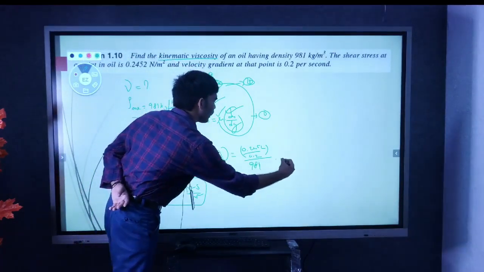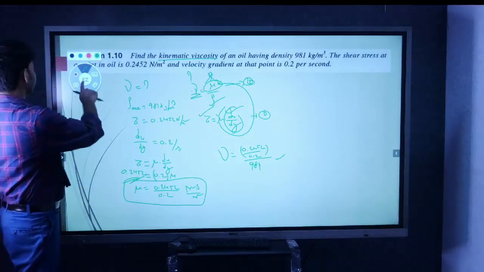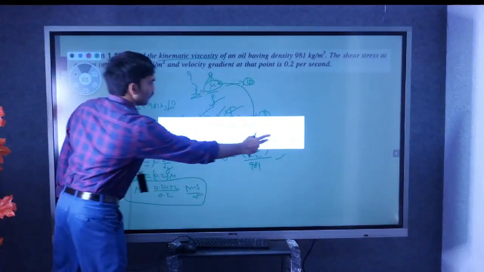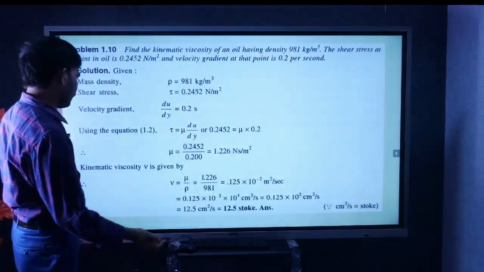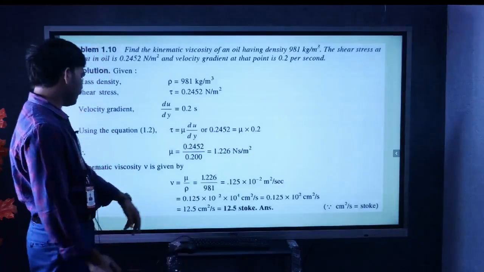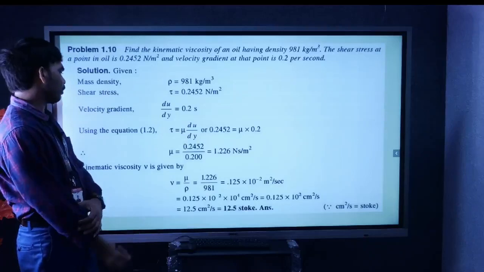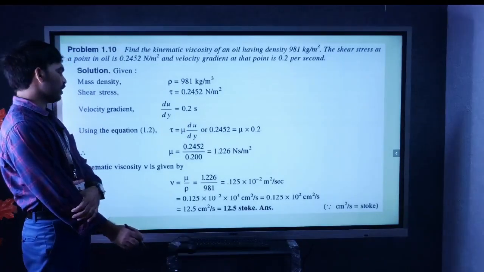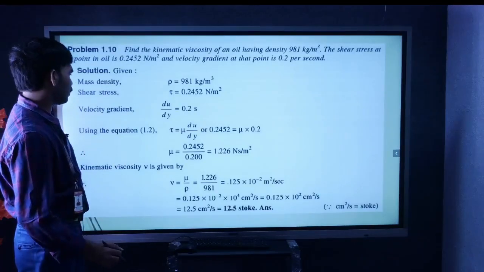Now you will get kinematic viscosity. Clear? So if you solve it, finally you will get the kinematic viscosity in terms of meter square per second, that is 1.125 into 10 to the power of -2 meter square per second. If you convert into Stokes, it will be 12.5 Stokes.